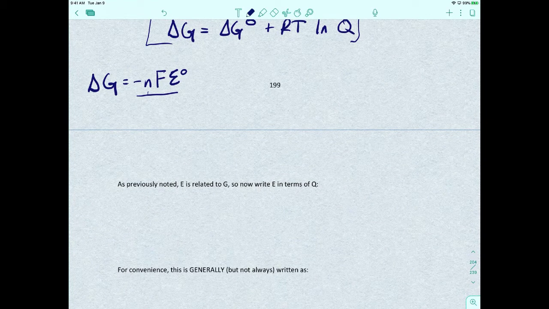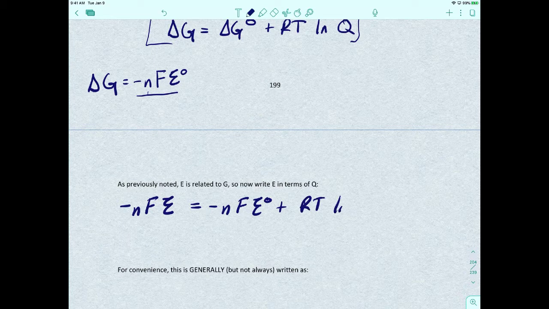So negative N times F times E for the non-standard state, delta G, is equal to negative N times F times E, standard state, for the standard state delta G, plus RT natural log of Q.